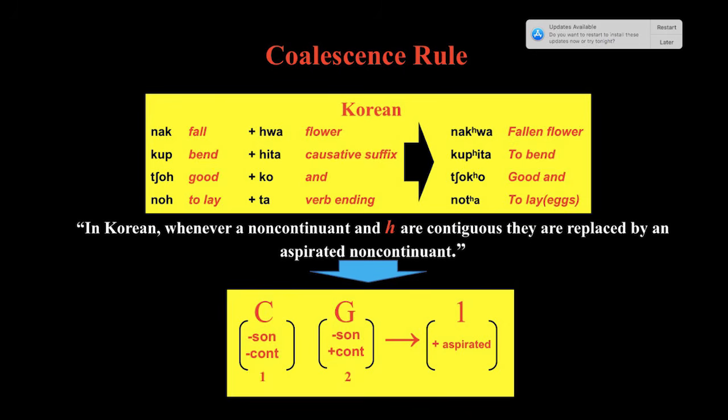Now, how can we translate this into phonological rule notation? We use again a transformational rule notation as follows. So we specify the first consonant and its features, and we enumerate number one.